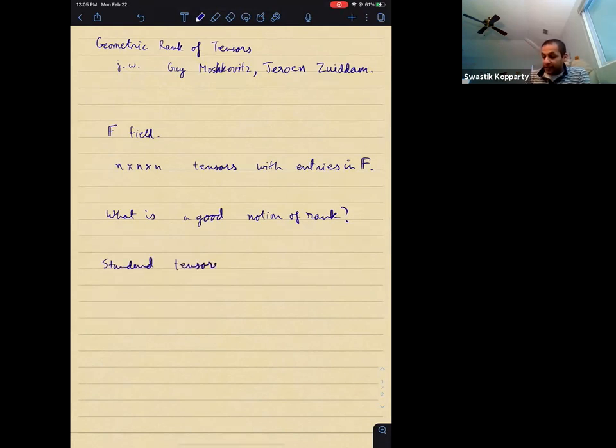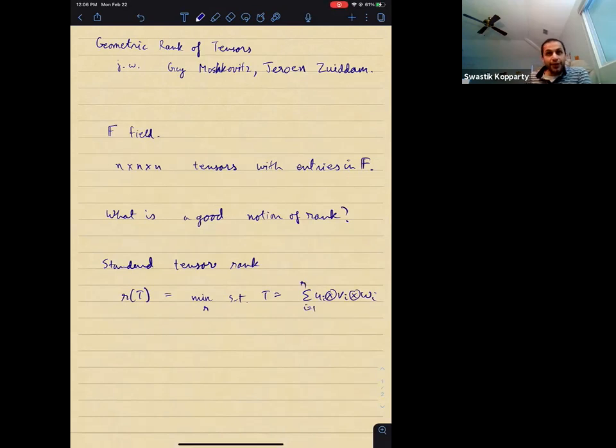It is the smallest number of rank 1 tensors that you can write your given tensor as a sum of. So the standard tensor rank R of a tensor T is the smallest little r such that T is equal to the sum of u_i tensor v_i tensor w_i, i going from 1 to r.